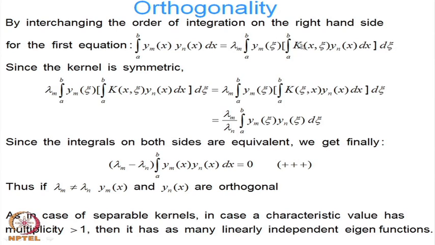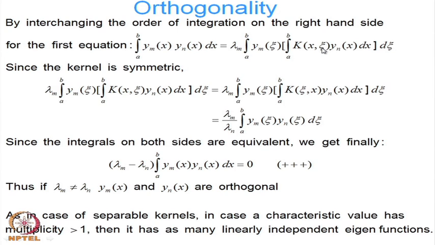So, I have this, but this is not really in the form of my integral equation, because this is k(x, xi) yn x dx. Our actual integral equation was of the form where what we were integrating with respect to was the second variable in the kernel.